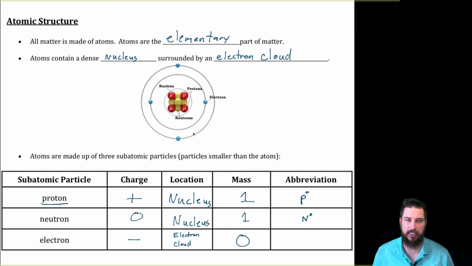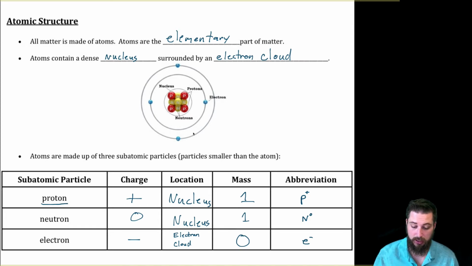The reality is it has a really, really small mass, but the mass is so small that we're going to just say it's 0. The abbreviation is E with a minus, or sometimes just a minus or just E. So, those are the 3 types of subatomic particles: protons, neutrons, and electrons.